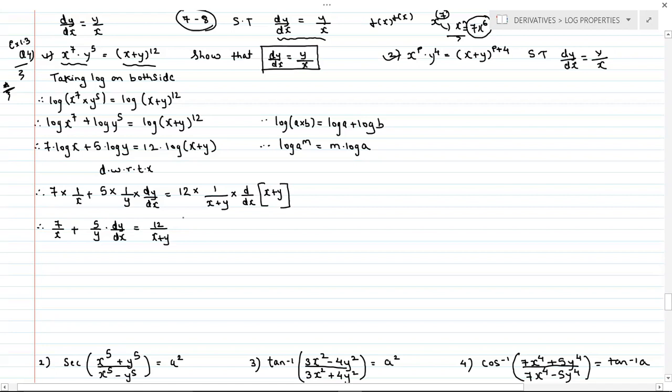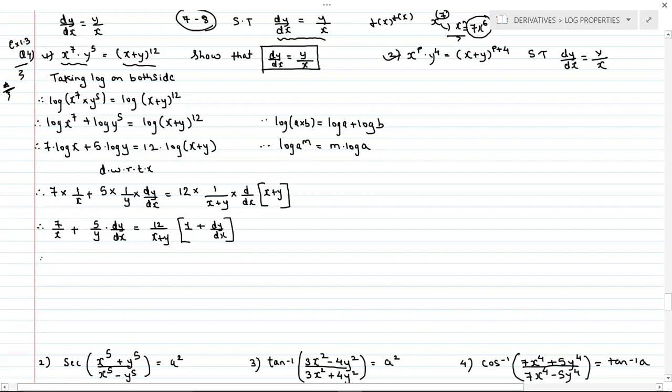So here we have to find the derivative of two terms, x and y, and the connection between them is plus. So we can do the individual derivatives. The derivative of x is 1, and the derivative of y is dy by dx. Yes or no?